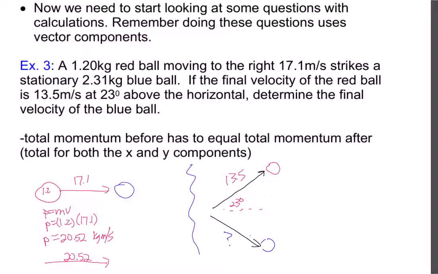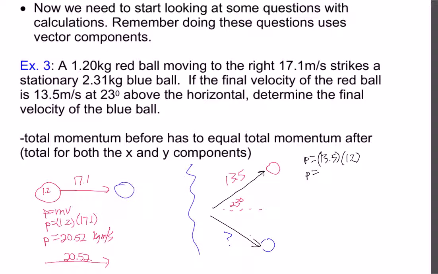Now we know the momentum of the red ball after, that was given to us. It was a speed of 13.5, and it's still 1.2 kilograms. So we can calculate its momentum. Mass times velocity: 13.5 times a mass of 1.2 gives us an answer of 16.2.